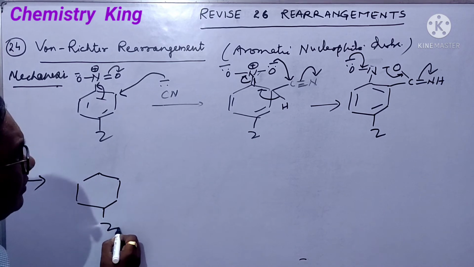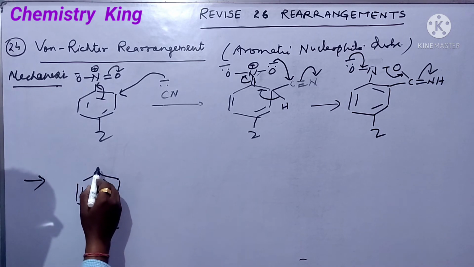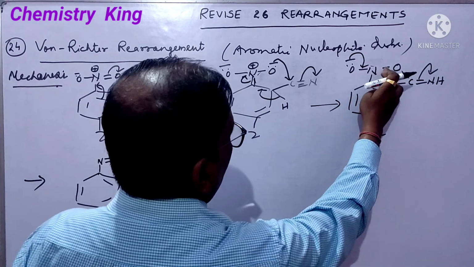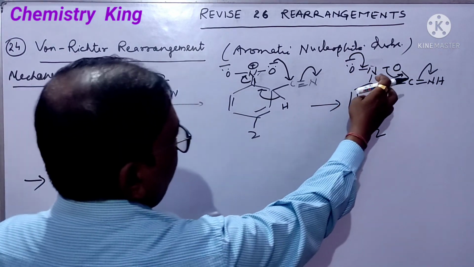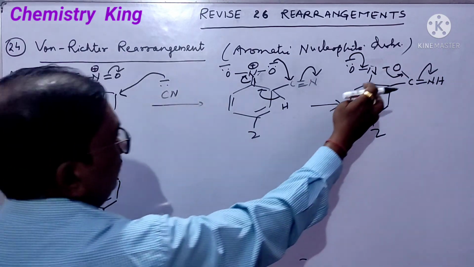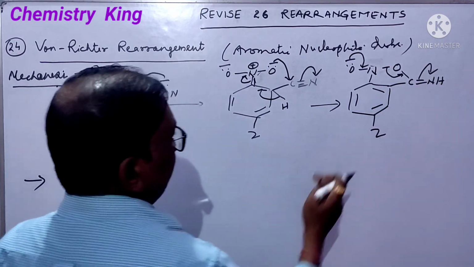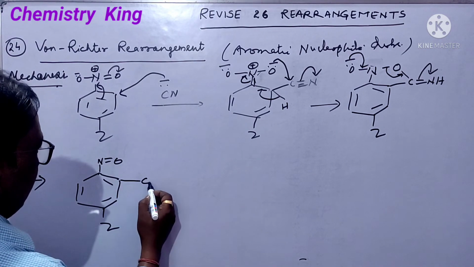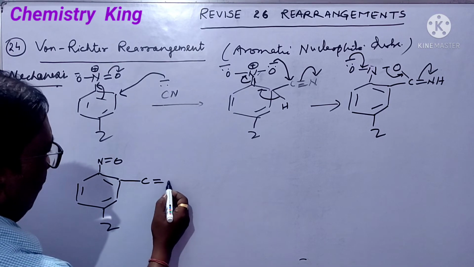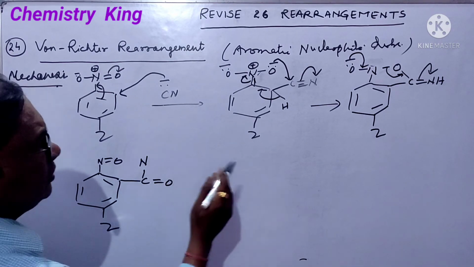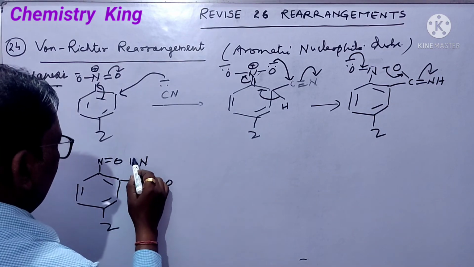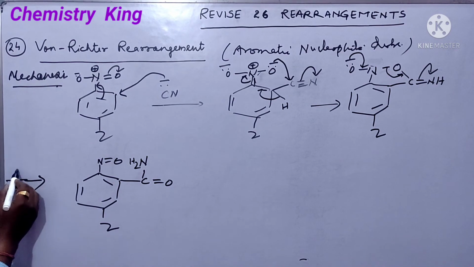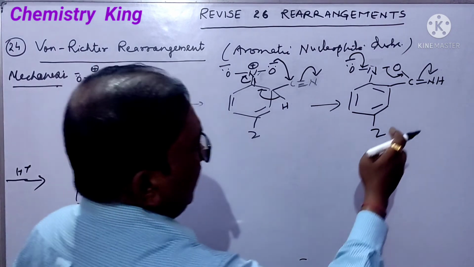It is Z, it is N double bond O, this double bond O, I am writing in right side, okay, because this bond is cleft and this oxygen fully gets attached with this carbon, so it is C double bond O NH, minus charge will be here, NH2 right here.